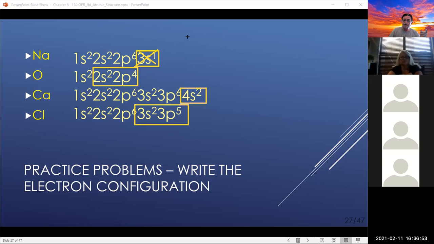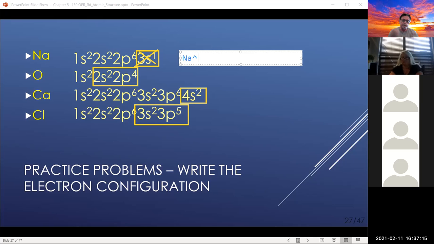Now, by losing one electron, does sodium change with respect to charge? Sodium begins with 11 protons and 11 electrons. Now I lose one, so I have 10 electrons and 11 protons.